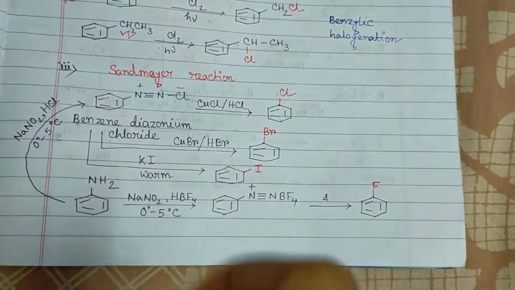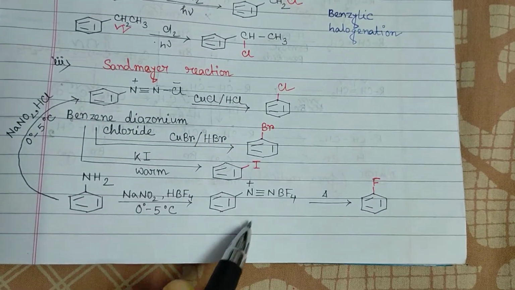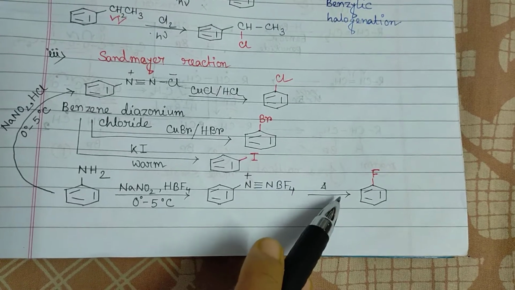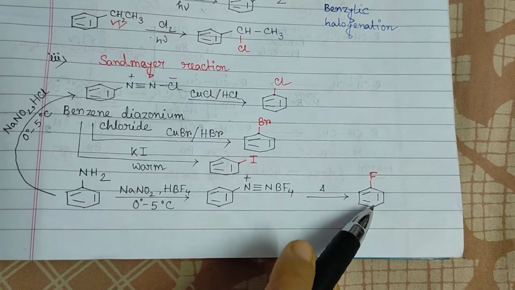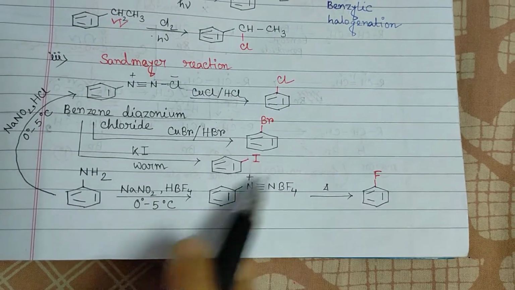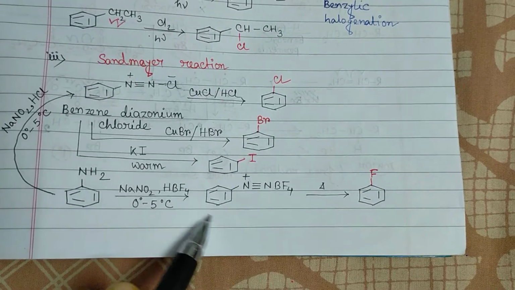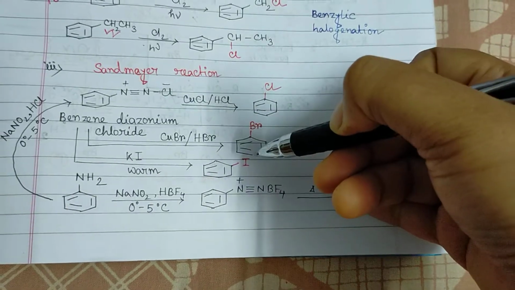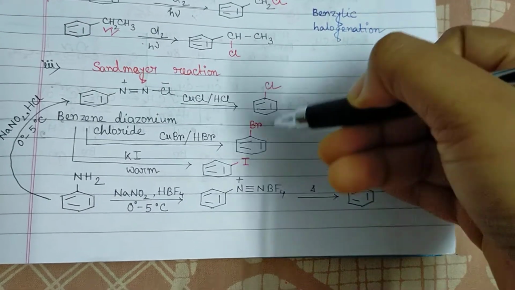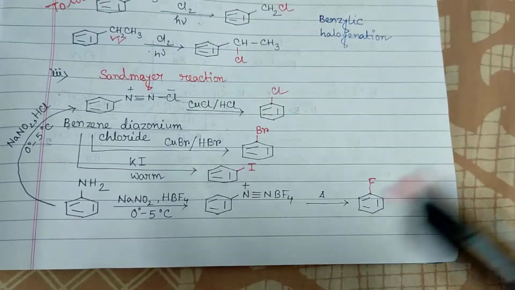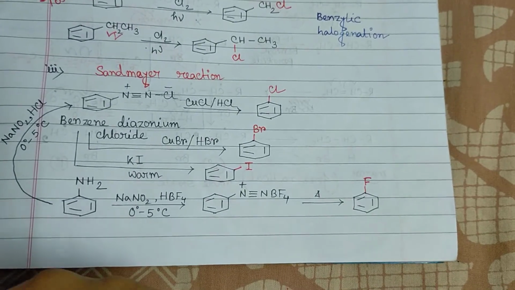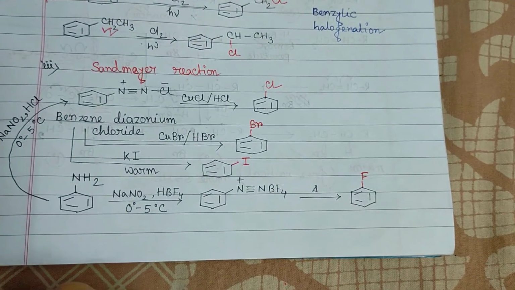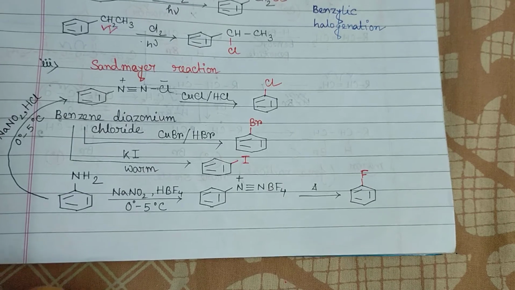So this type of ion will be formed, and if this compound is heated, only then can we have our fluorobenzene. So for fluorine this process is followed, and for chlorobenzene, bromobenzene and iodobenzene, the Sandmeyer reaction is followed for preparation. So this is the preparation of haloarenes by different methods.